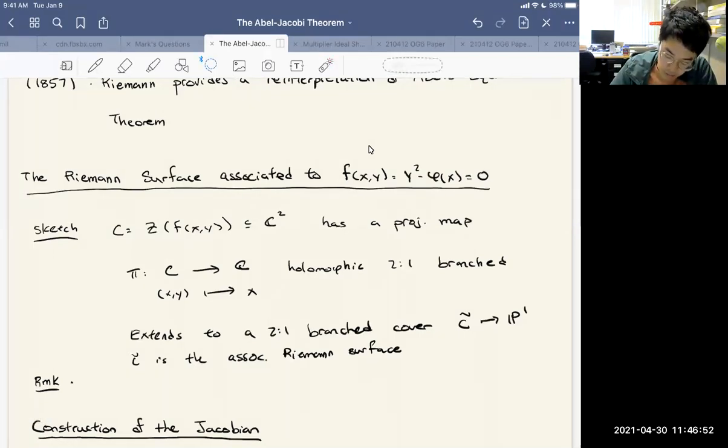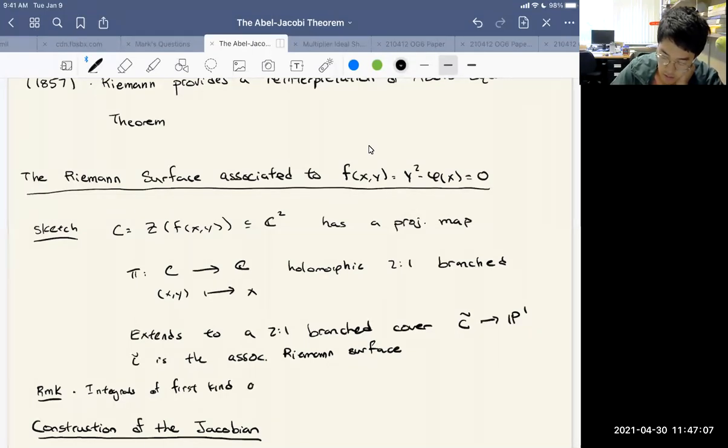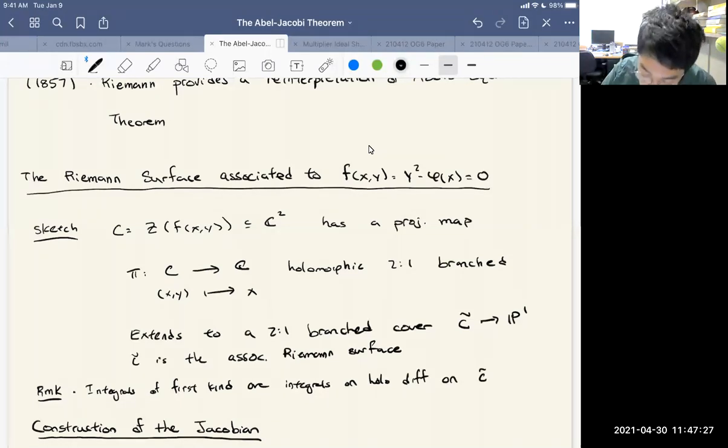Okay, so I want to make a remark about these integrals of the first kind. These integrals of the first kind are holomorphic differentials, or I guess integrals of holomorphic differentials on this associated Riemann surface.